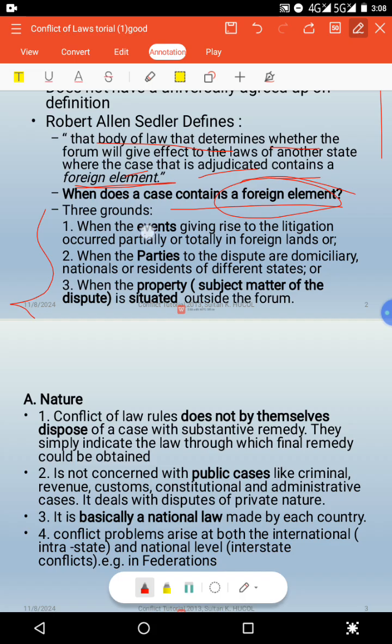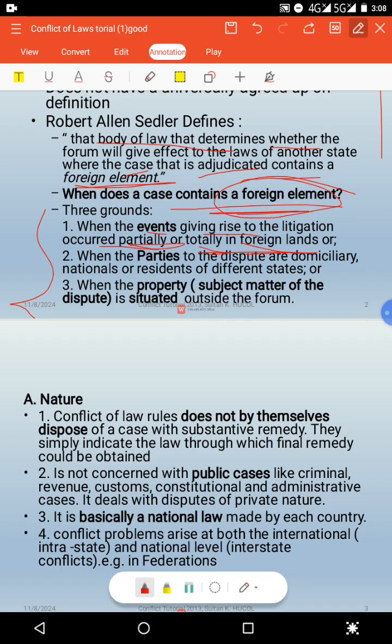The first ground is when the event giving rise to the litigation occurred partially or totally in foreign lands. If the litigation arose partially or totally in a foreign land, there is a foreign element, and so there is a conflict of laws.